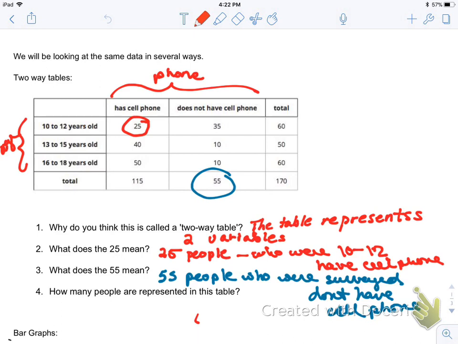And then I'd like you to answer the question, looking at this table, how many people are represented in the table? And hopefully you got 170 for that.